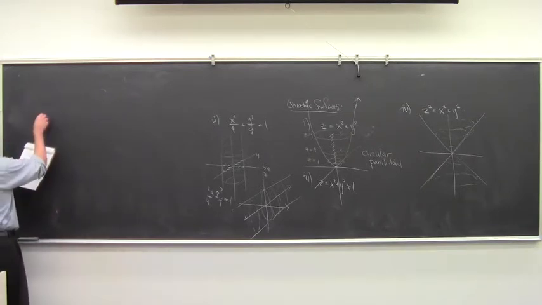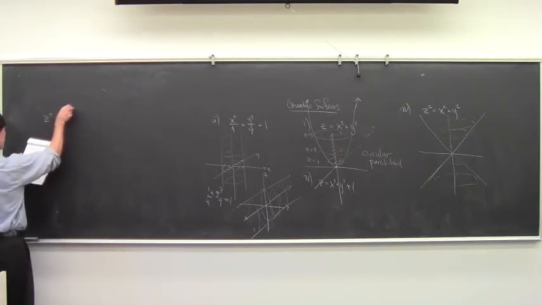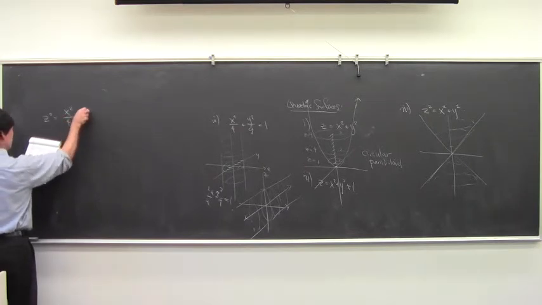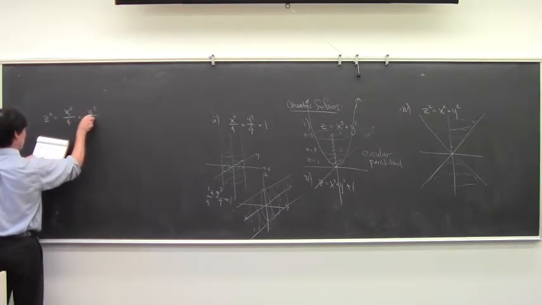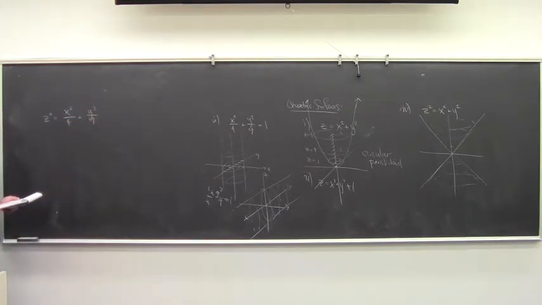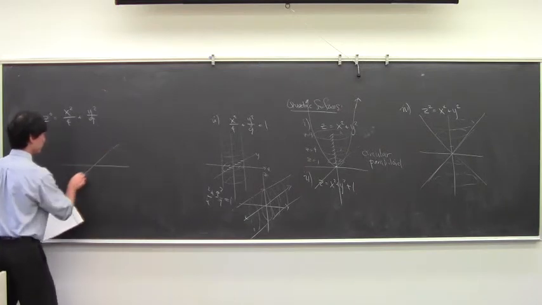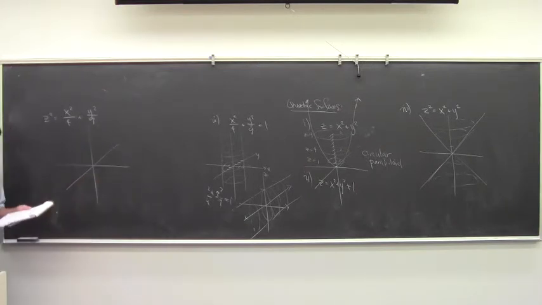So, if I have something like this, z squared is equal to x squared over 4 plus y squared over 9, what do you get then? Well, at each height z, you're going to end up with an ellipse.